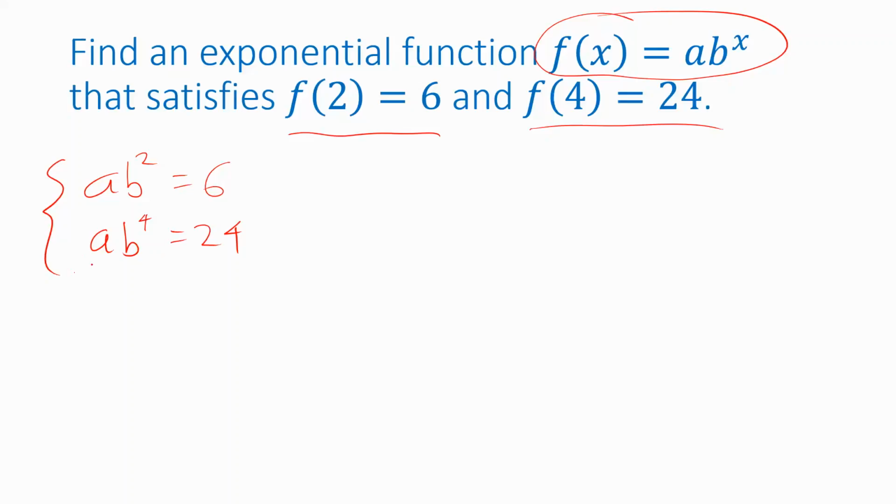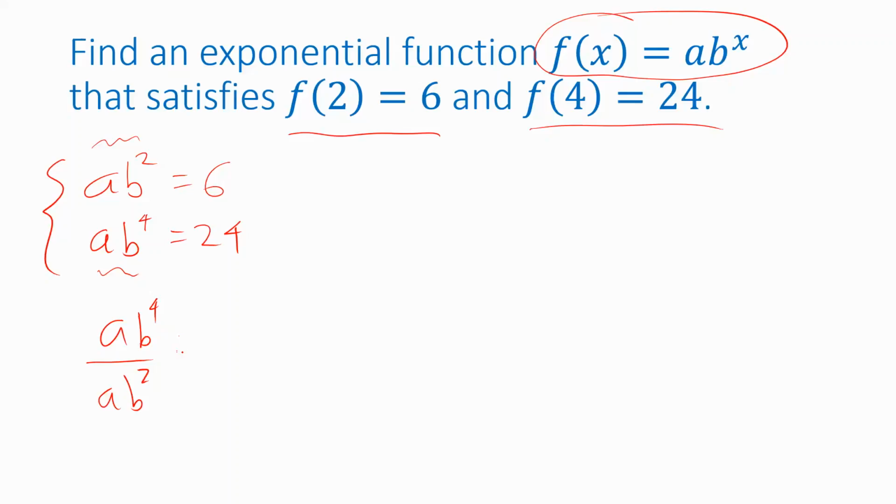Notice that if I take this quantity, a times b to the 4th, and I divide it by this quantity, a times b squared, these two a's will cancel out. So I won't have any a's left.